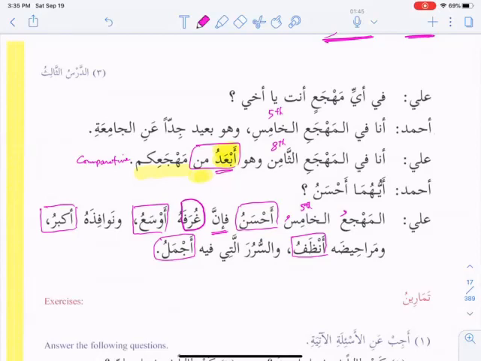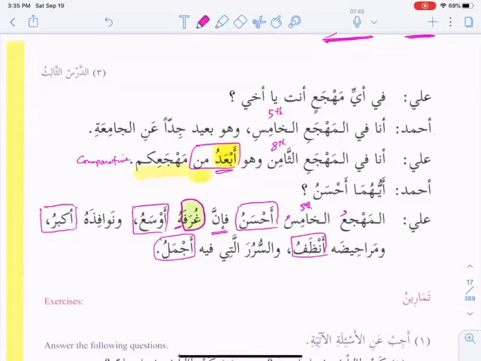Gurafa. The rooms. Plural, rooms. Wa huwa mudaf. Gurafahu, mudaf ilayhi. This is your ismu. Inna, gurafa, mansub. Gurafa is mansub.